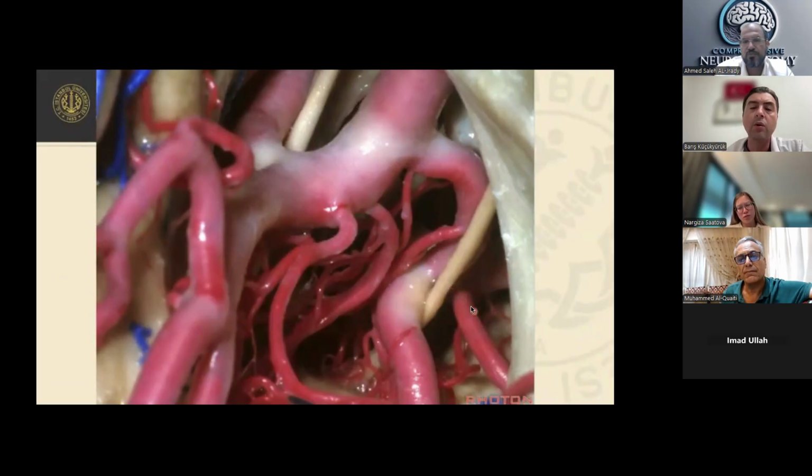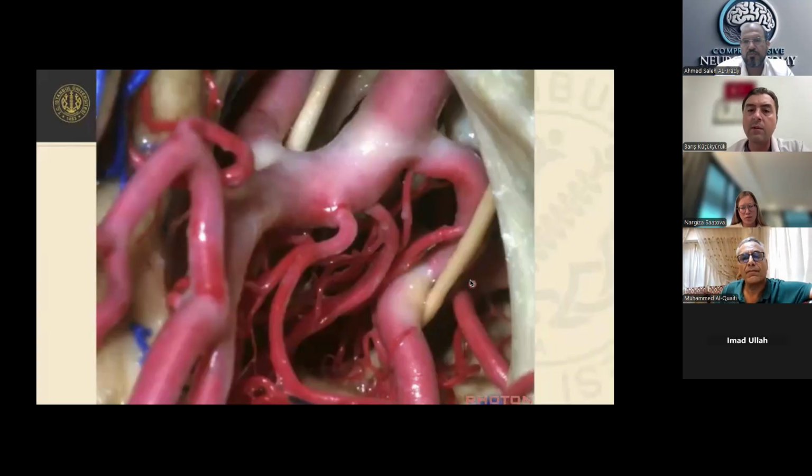So this is a very beautiful landmark: when you find the third nerve and follow it backwards, anything superior to it is the PCA and anything below it is the SCA, superior cerebellar artery.